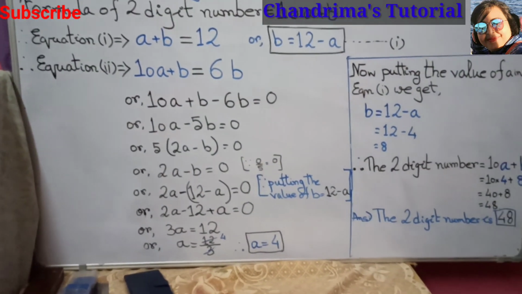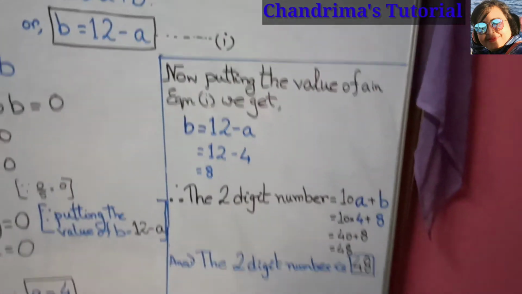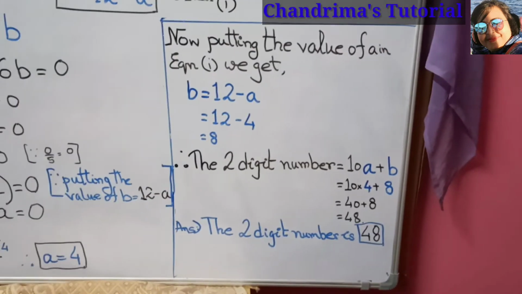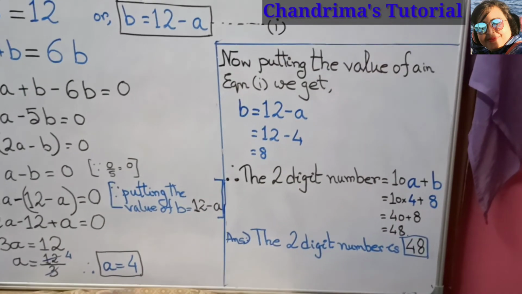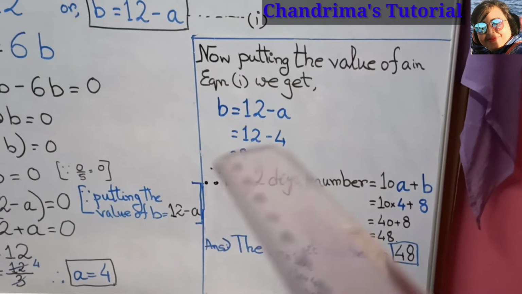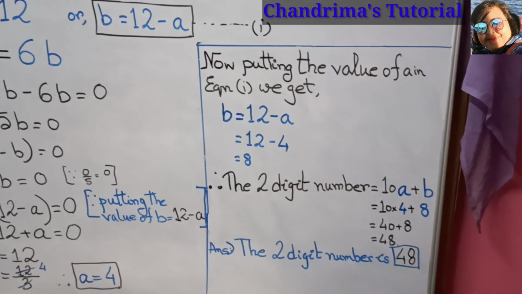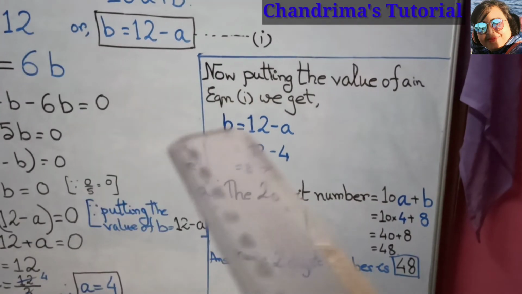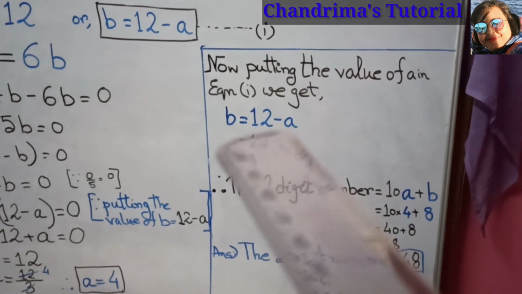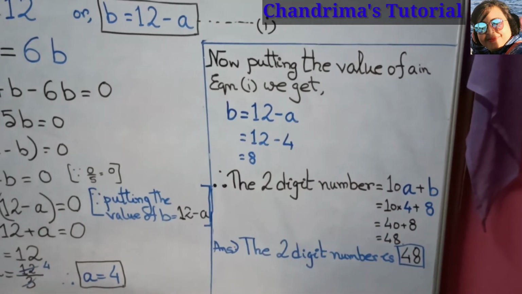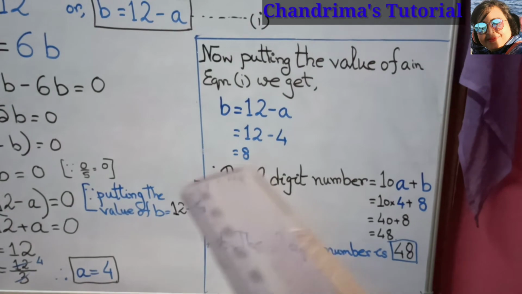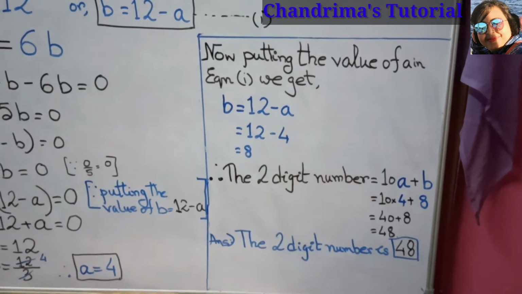This much is clear. Now we are putting the values in the equations. We have already got a equals 4. Now we put the value of a in the first equation, b equals 12 minus a. So b equals 12 minus 4, which is 8.